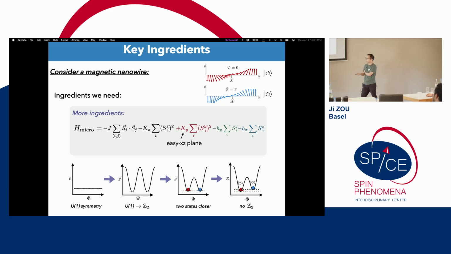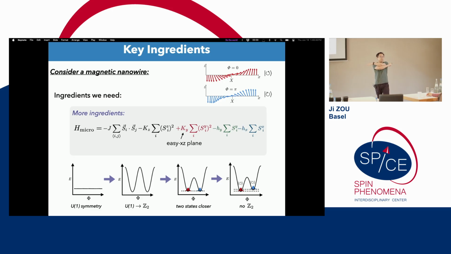In reality, it would be difficult for them to form a superposition or to tunnel to each other. Then we somehow need to bring this barrier down. Let's look at the spin at the center of this state and also the spin at the center of this negative chiral state. One is pointing to the right, another is pointing to the left.